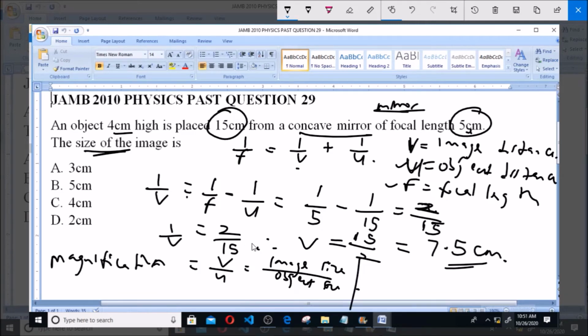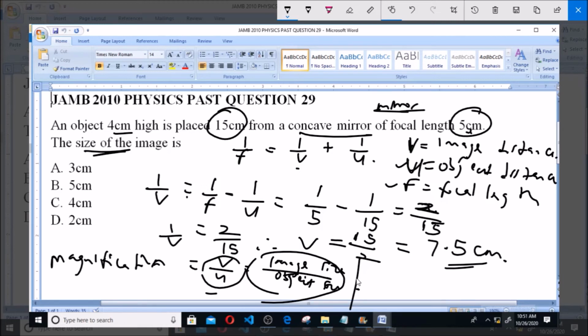The first set of values is the distances. So like we have established here, the object and image distances, and the object and image size is what you make use of.